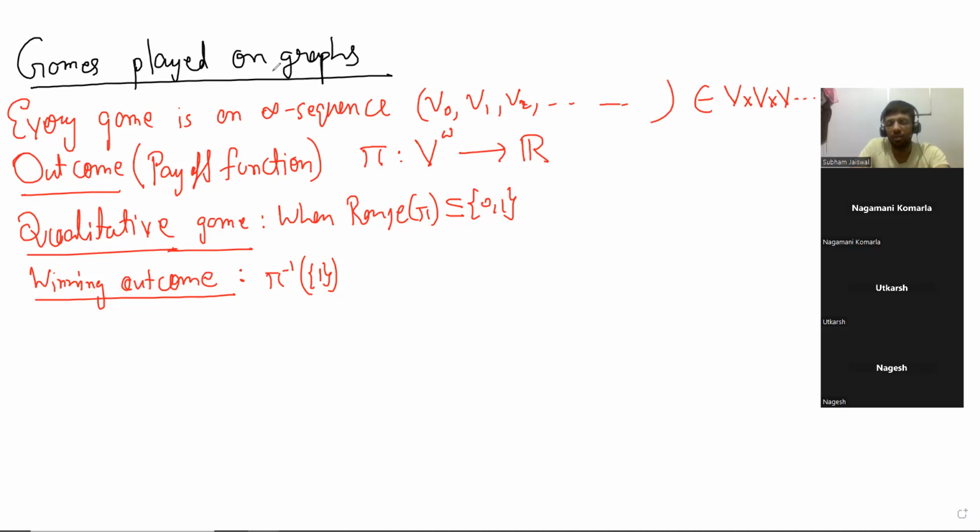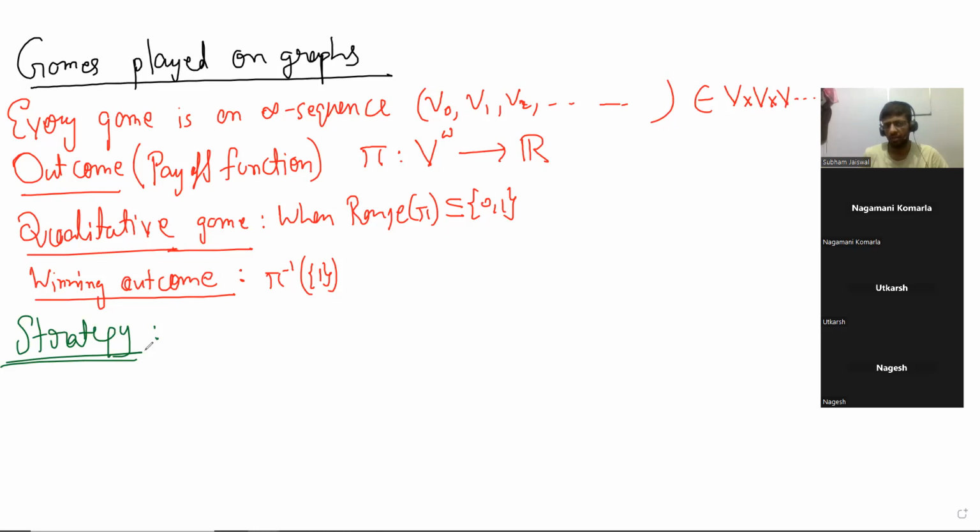So now tell me, how should we define a strategy? Like an algorithm that a player can follow to get to the winning outcome. Okay, that is fine. But a strategy is not always winning, right?